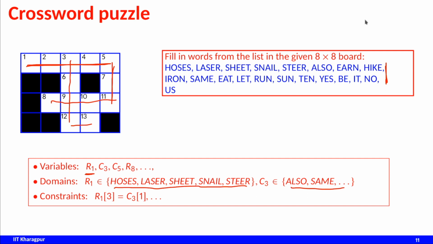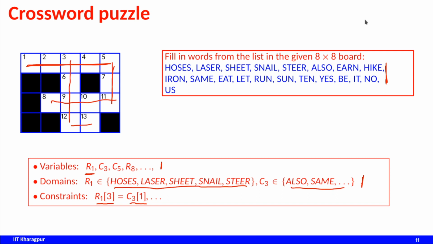Now when we have defined these variables, we know the domains. Now we have to write the constraints. So the constraint that we need to write is that if I look into the third character of R1 and the first character of C3, then they should be the same.